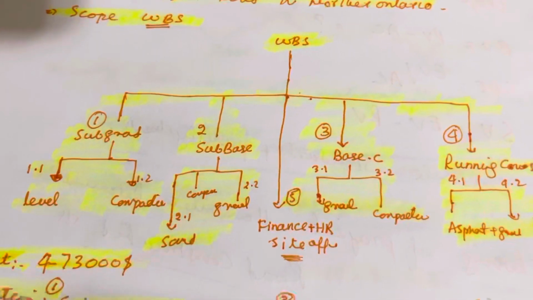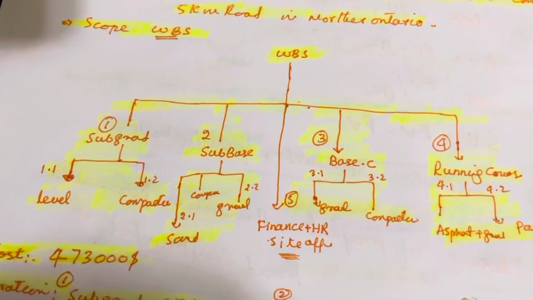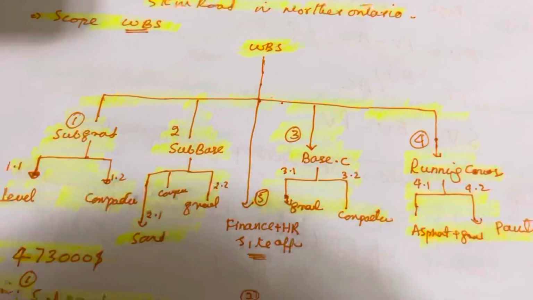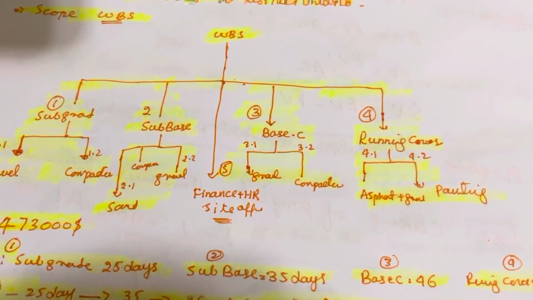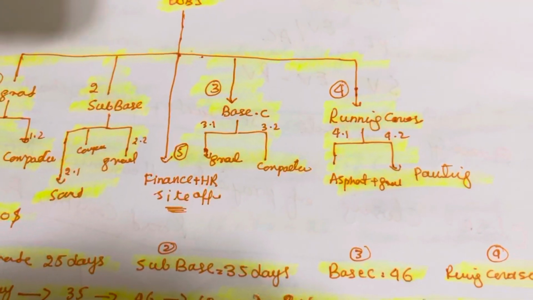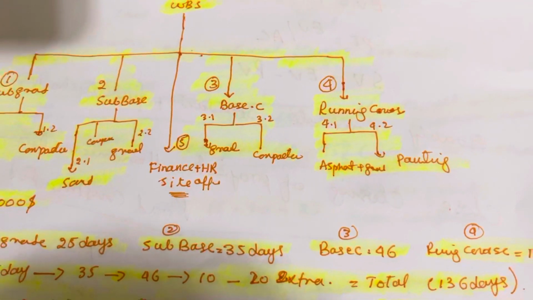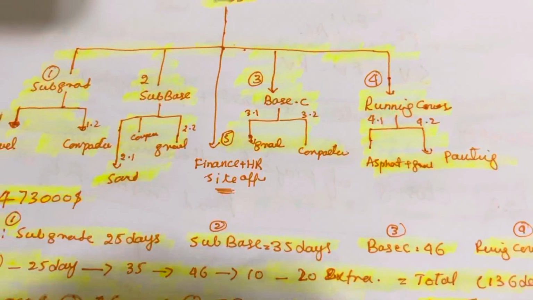In the sub base, we put the sand and gravel, then again the compaction. It's 22-inch. Then in the base course, we do the gravel and again the compaction. And then the running course, we do the asphalt and fine gravels, half-inch or so, about 2-inch.